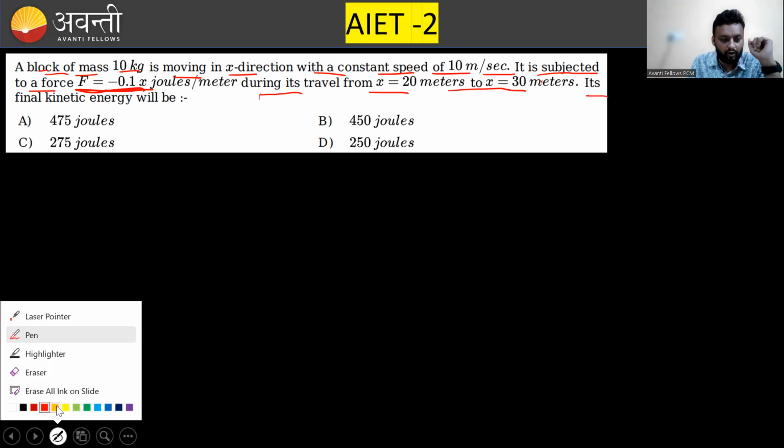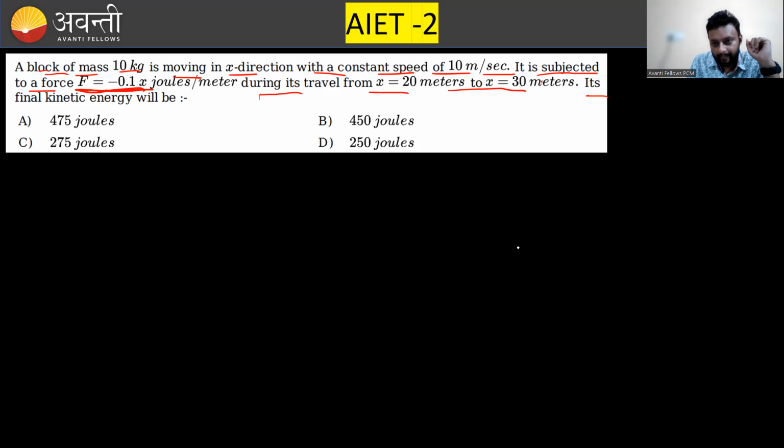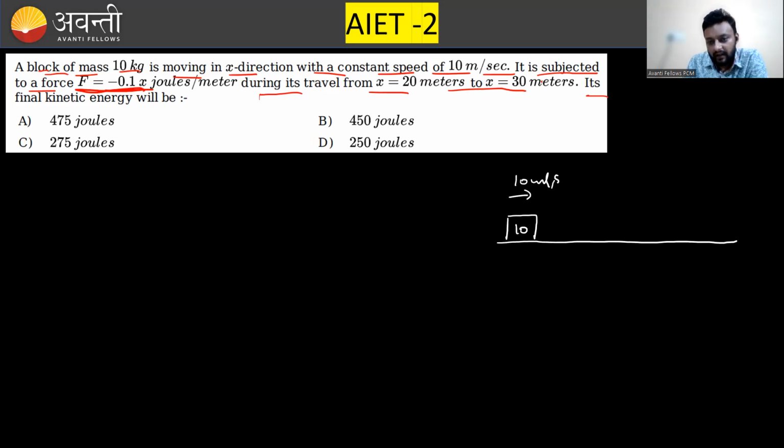Now, first of all, I will draw the situation. This is our x-axis or this is our horizontal surface. There is a block. You can see its mass is 10 kg and it is moving with uniform velocity 10 meter per second. Clear till now? In this direction it is moving.